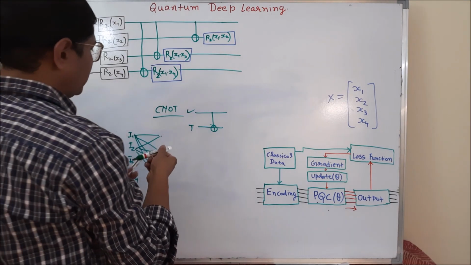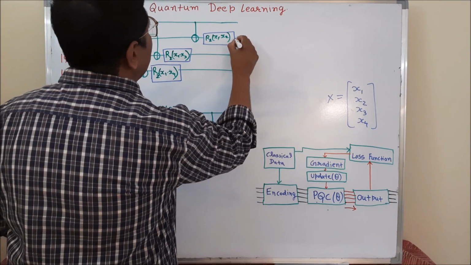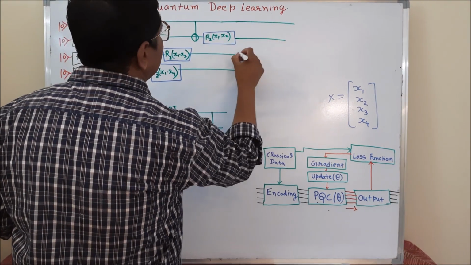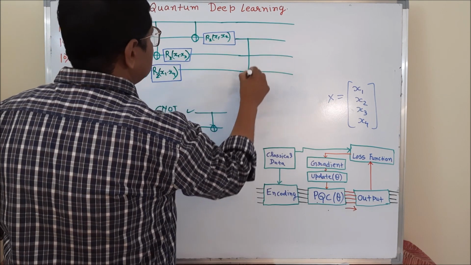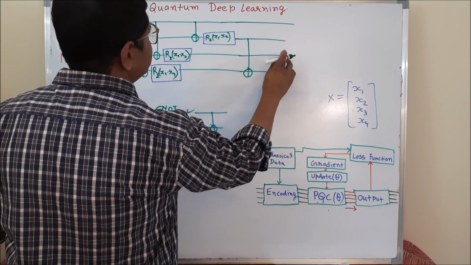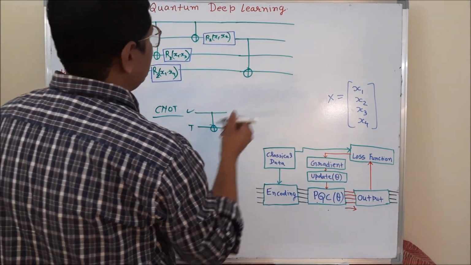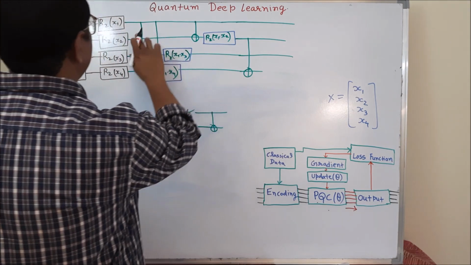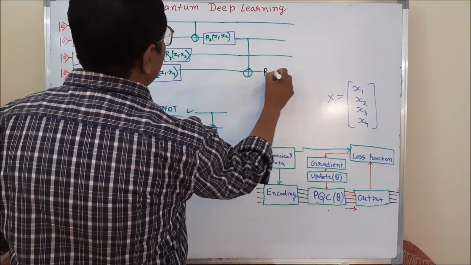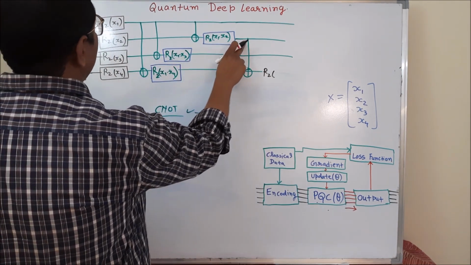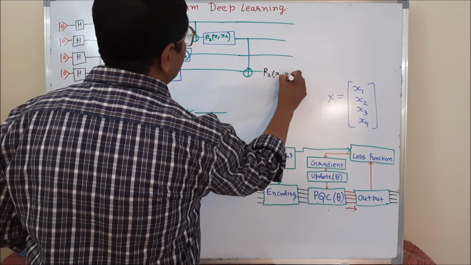Now we can do some more connections, like connecting this to this, and then again apply the entanglement with RZ. What will be the entanglement angle? We are connecting 2 to 4, so x2 dot x4.